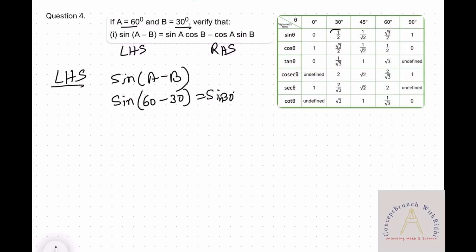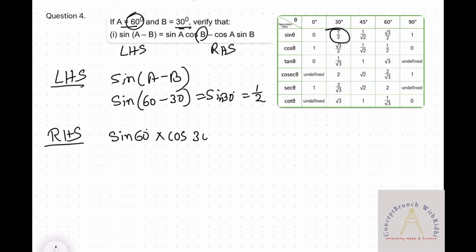Okay. The RHS. Let's take the RHS. Sine A times cos B. So sine A is what? 60 degree, times cos B, that is 30 degree, minus cos 60 degree times sine 30 degree.